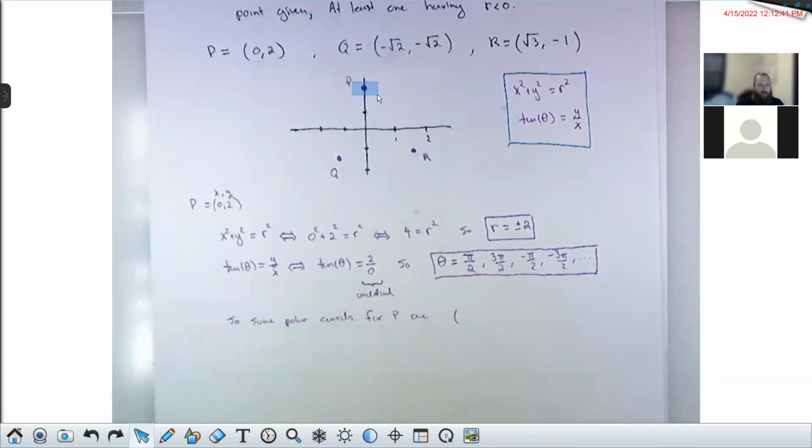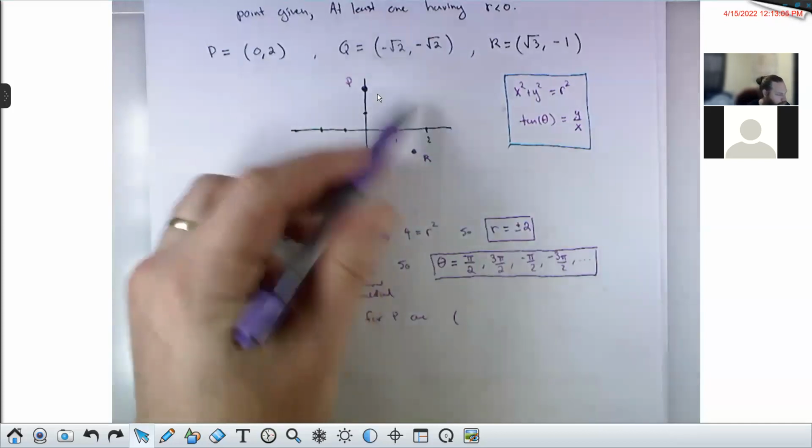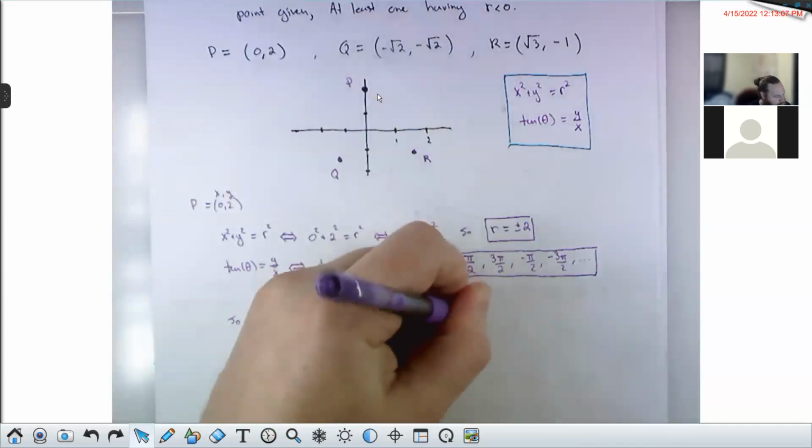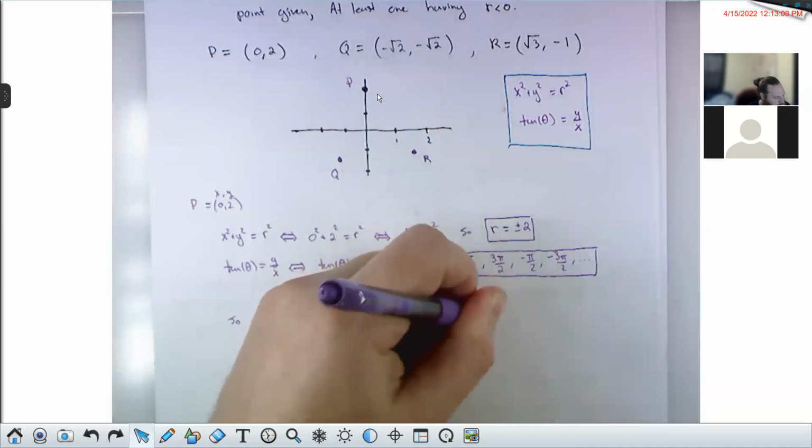Where r is positive and theta is between 0 and 2 pi. Yeah, very good. If I walk out 2 and I rotate up by pi over 2, that is the most natural way to describe this guy.